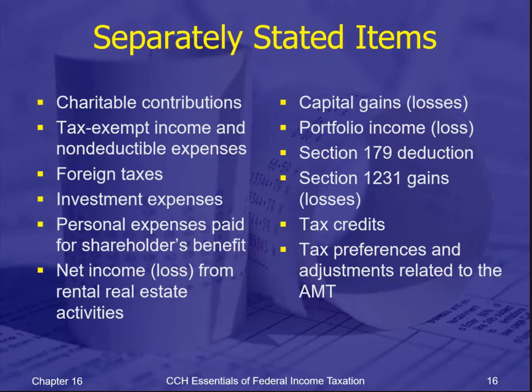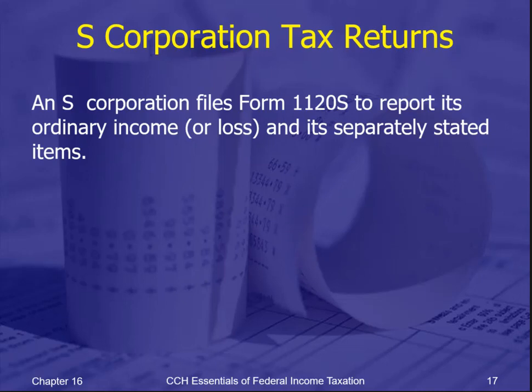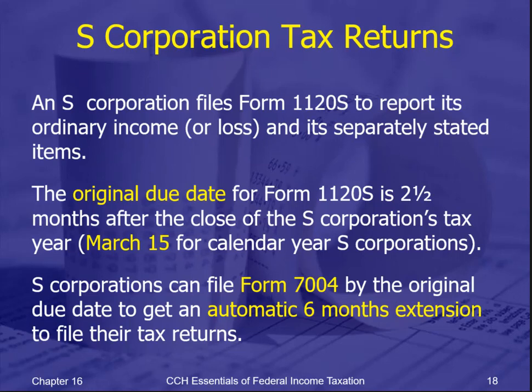All right, so in that way, very much the same as a partnership. It files a different form, 1120S, has a Schedule K where you list all the items for the whole corporation, then K1s that distribute it to the shareholders.